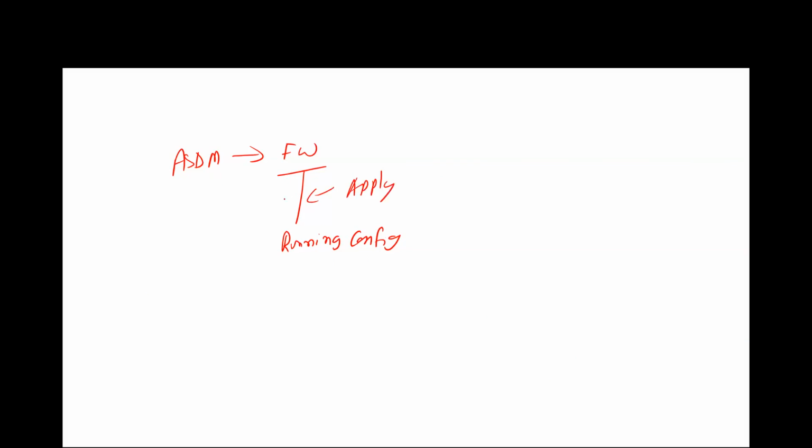Then after you do the configuration, if you say save, I'll show you, you will have a save button. When you say save, that will be saved into the startup configuration. If you don't save it, you just say apply, that will be sent to the running configuration.